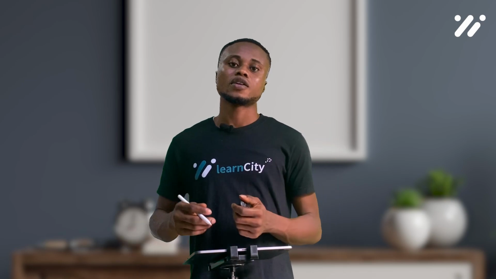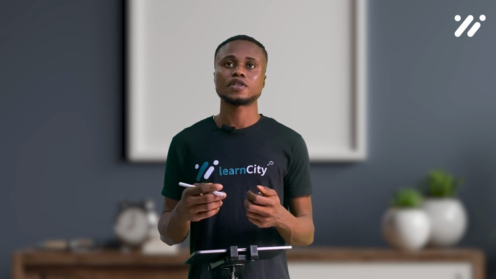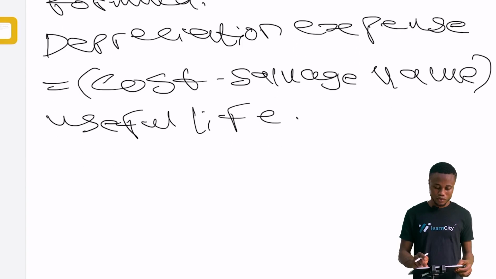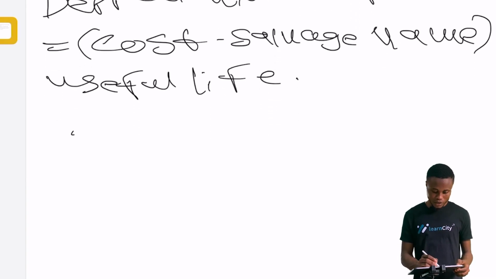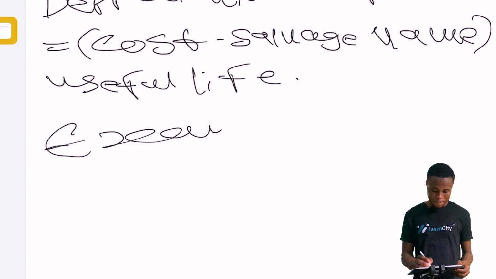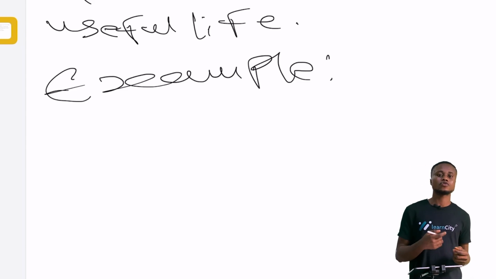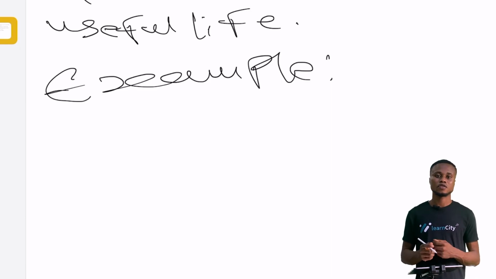Let's now take an example under the straight line depreciation method. I'm going to use a very simple example to understand the basic idea behind it.